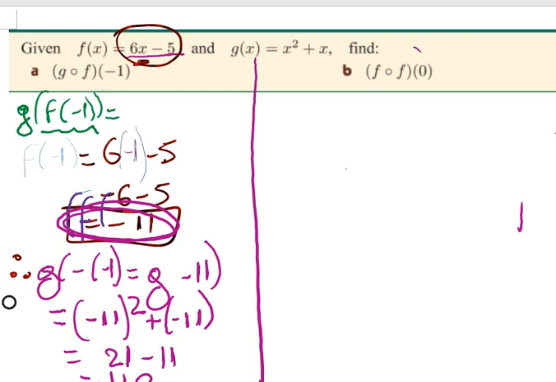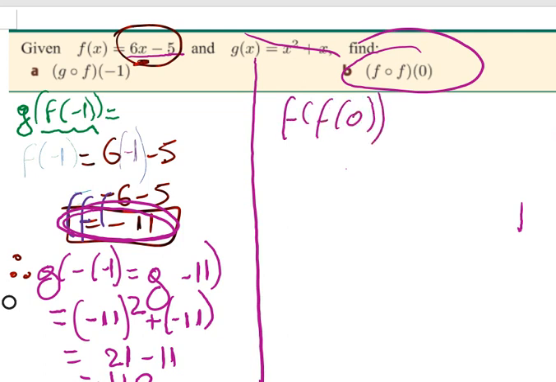How we are going to work in this case when you're asked to find f of f of 0. So we forget completely the g function in this case, and we work 2 times with f of 0. We start with the first one, 2 times the same one.